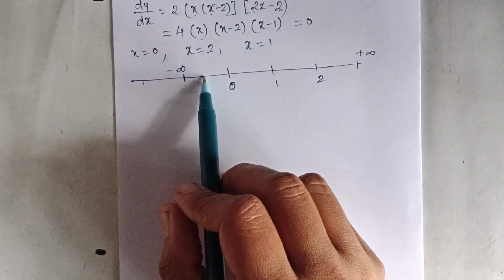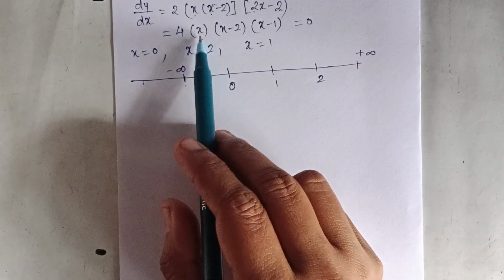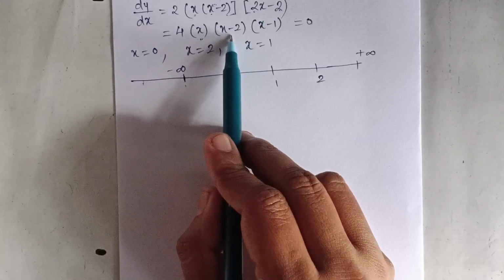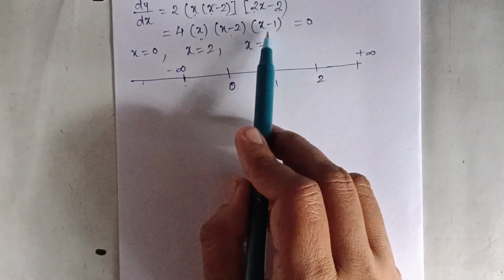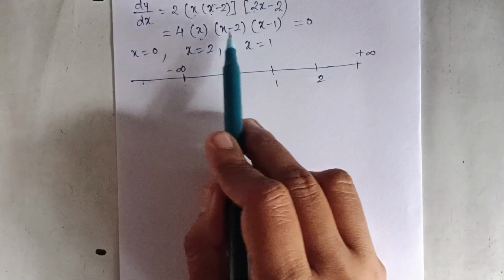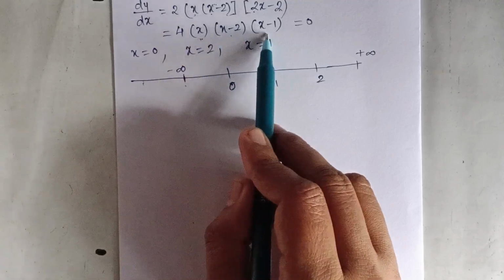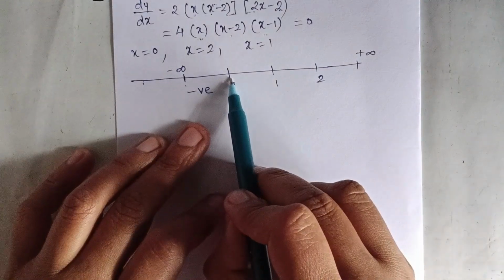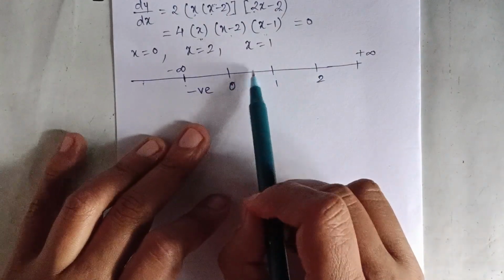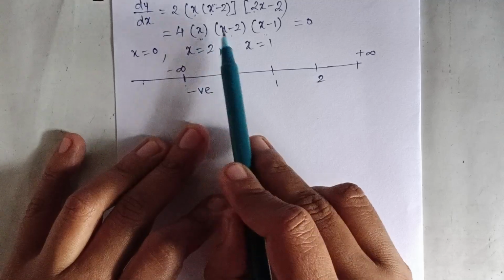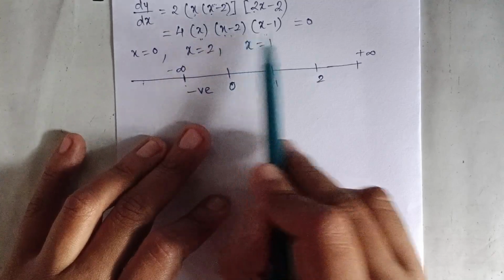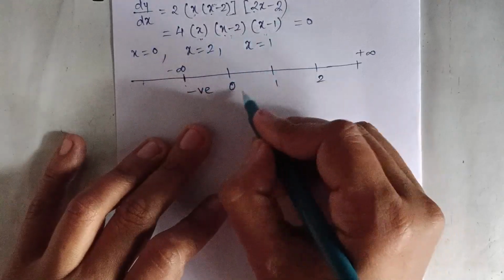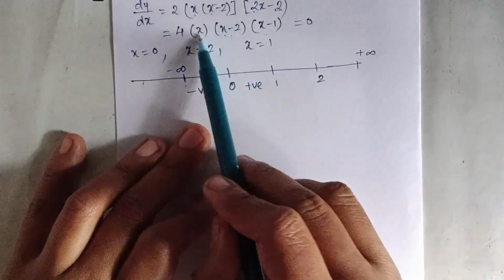Less than 0, you take minus 1. If you put minus 1, this will be negative, minus, minus 1, minus 1, again minus. So minus into minus plus, plus into minus, minus. So here it is negative. Then greater than 0, take 0.5: positive, negative, negative. So negative into negative, positive. So this will be positive. You have to just put the values and see.